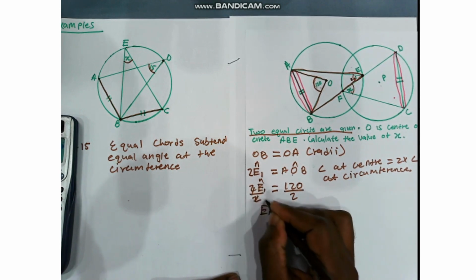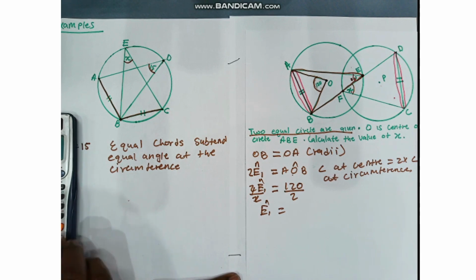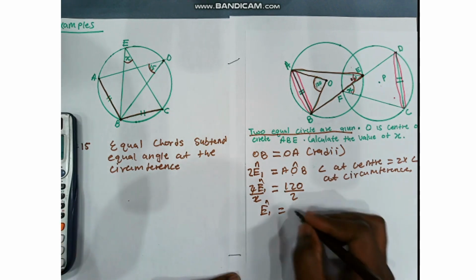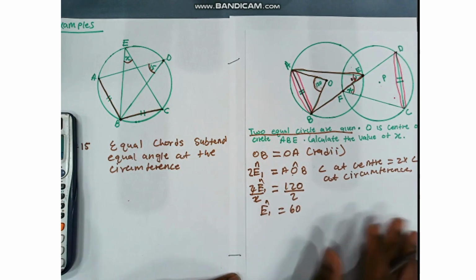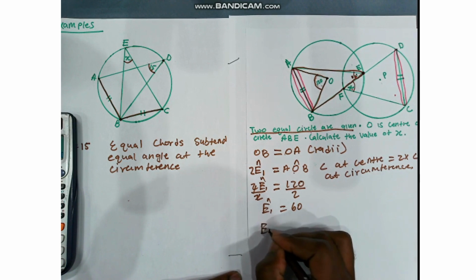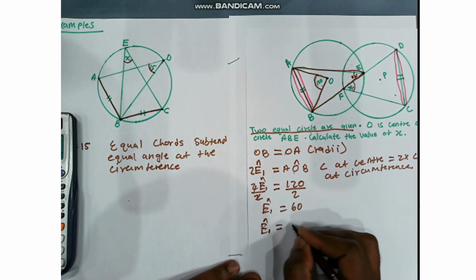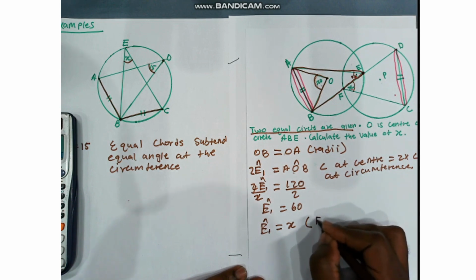Then E1 is equal to 120 divided by 2, which is 60. And then from there, E1 will be equal to x.